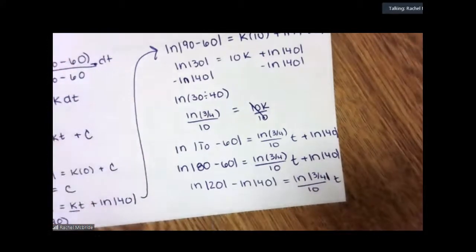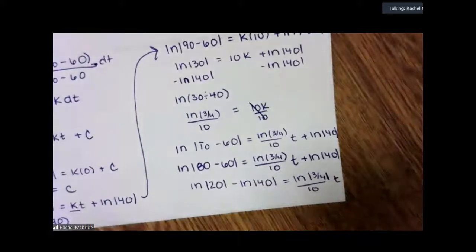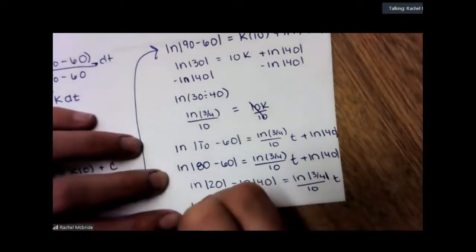So 20 minus 40 is like 2/4, which is like 1/2. And then you would divide that by ln 3/4 and multiply by 10 to solve for t.